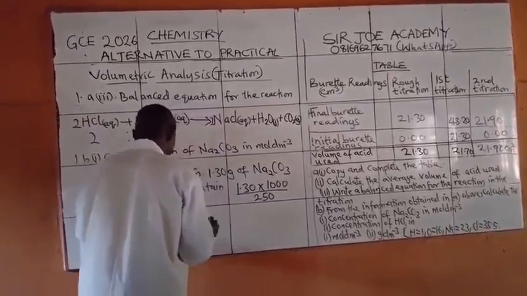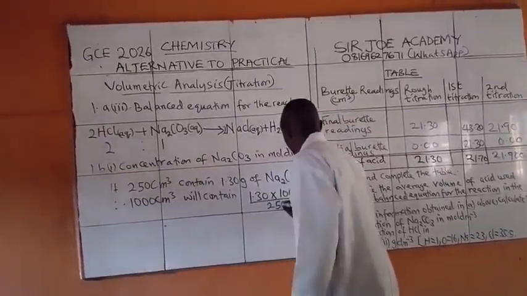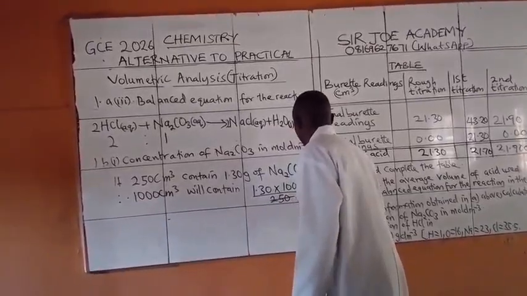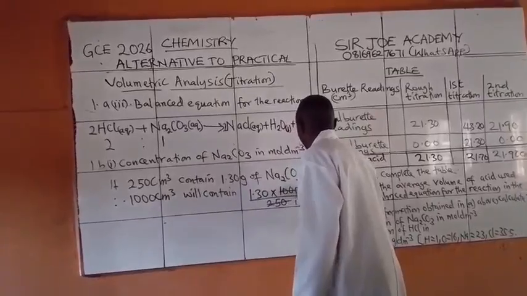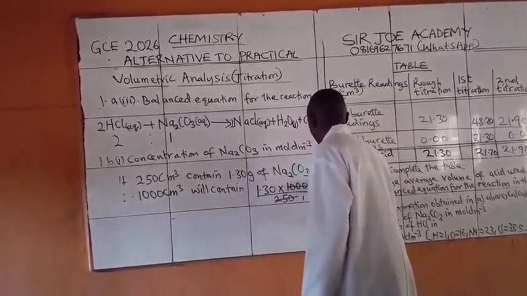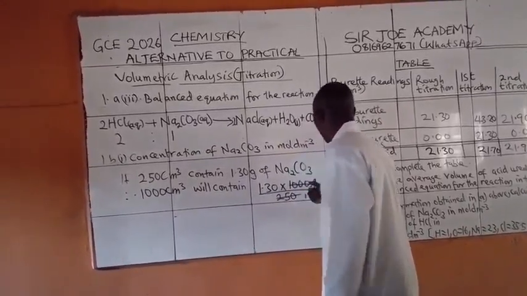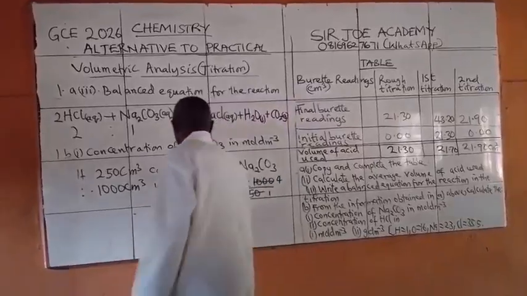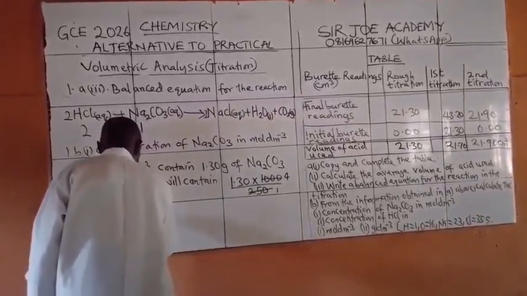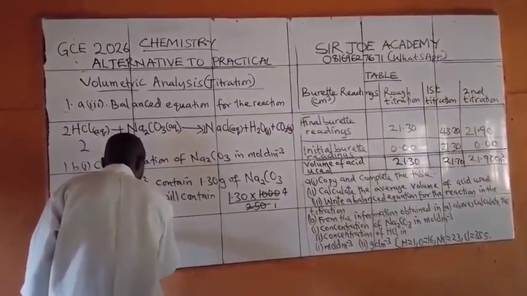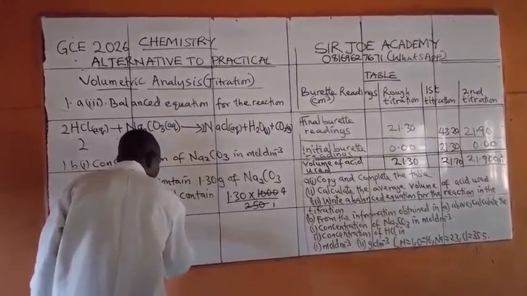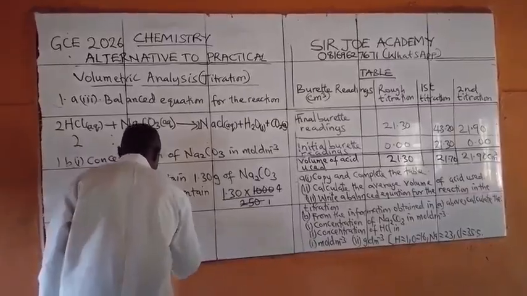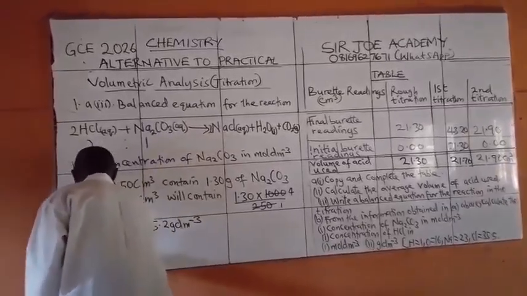So mathematically, 250 into 1000, we have 4. So we now multiply 4 by 1.30. So we have 5.2 gram per dm³.